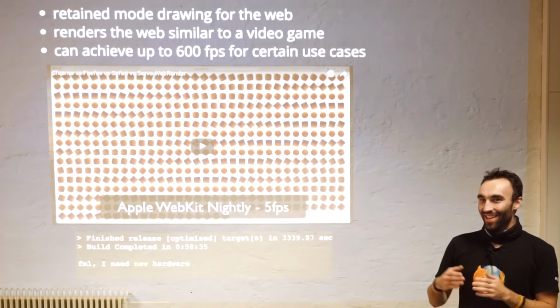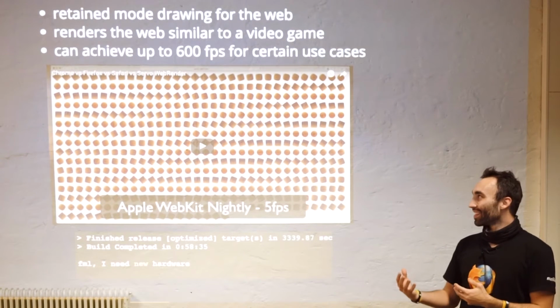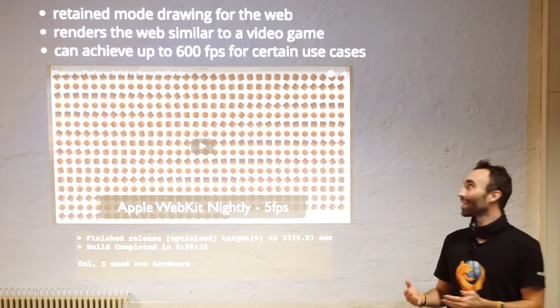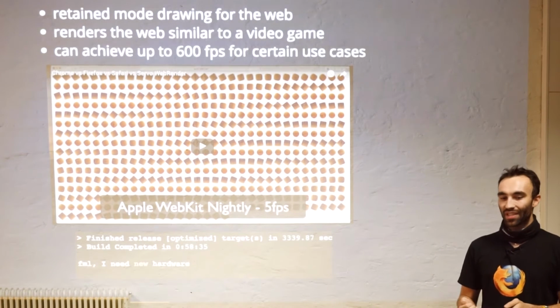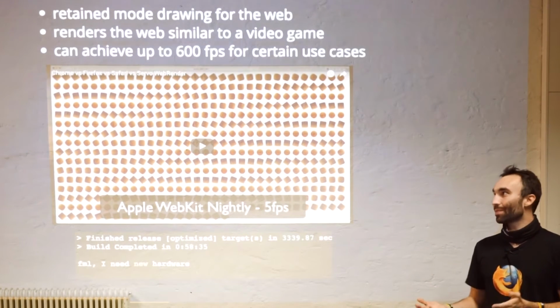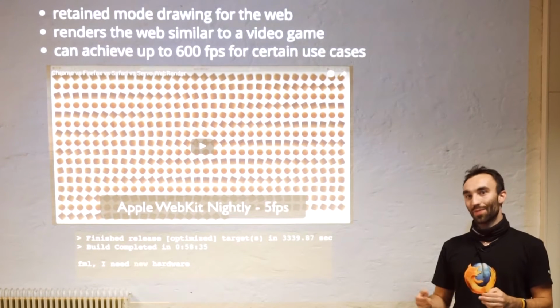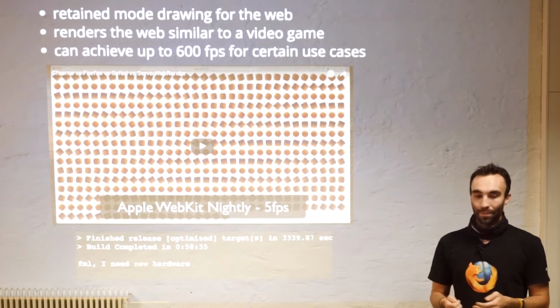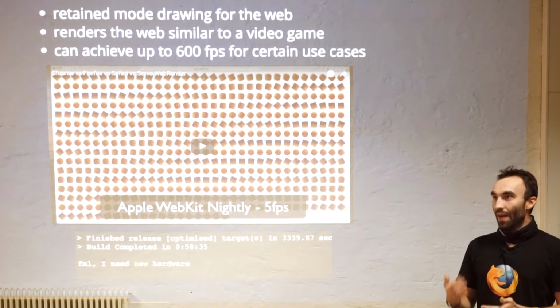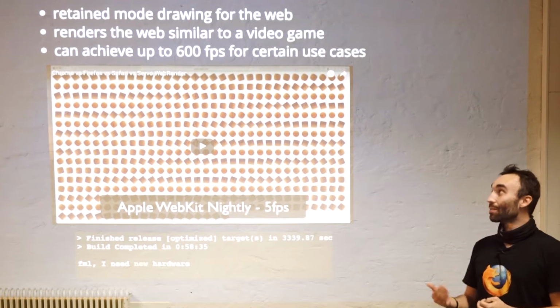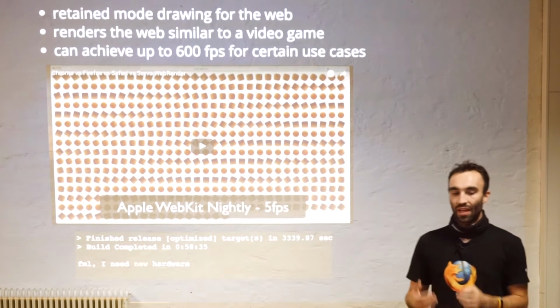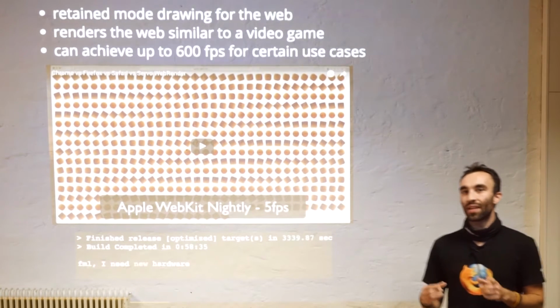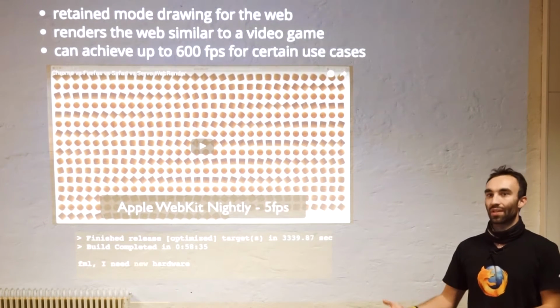So the thing that's currently happening in the browser world is something called WebRender, which started out as a research experiment inside Servo, which is a research browser engine headed by Mozilla. And what WebRender is, is basically retained mode drawing for the web. It renders web pages as if they were video games.